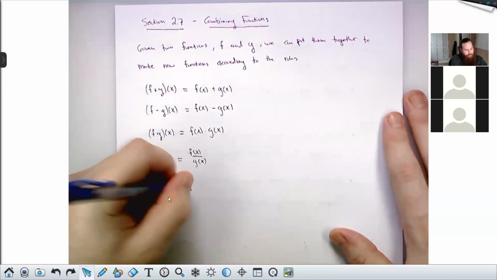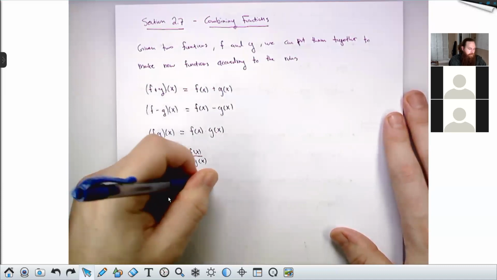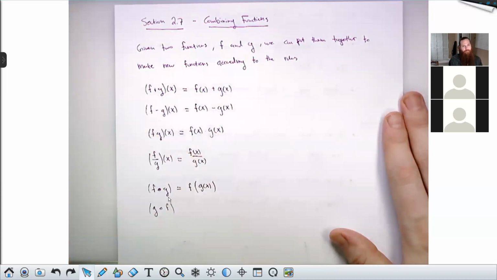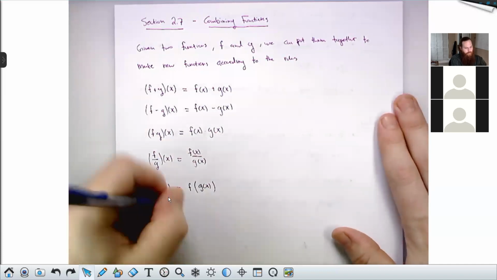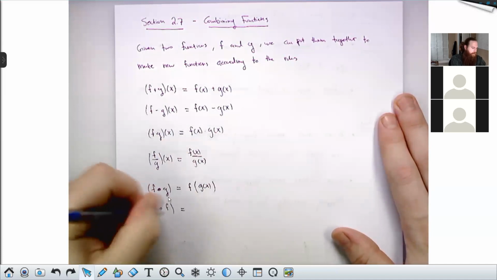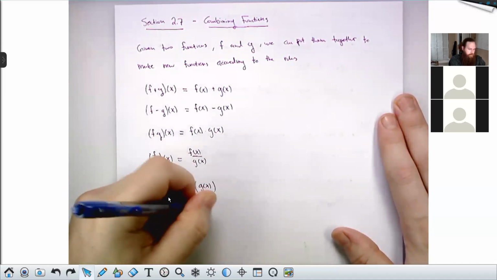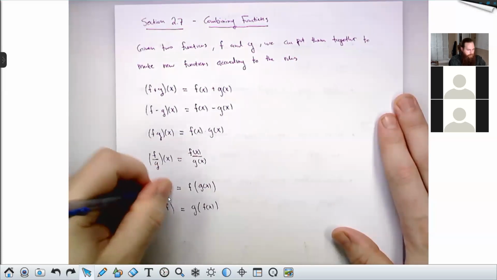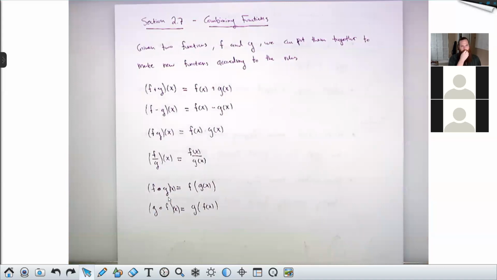It's defined to be what you get when you take g of x and shove it inside f as an input. So it's f of g of x. That's not multiplication, it's function composition. And then this last guy is what you get when you do the same thing but in the other order. So this is g of f of x. I'm sorry, I left off the x's here.